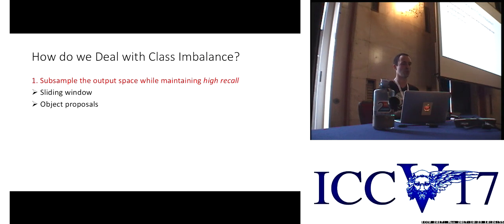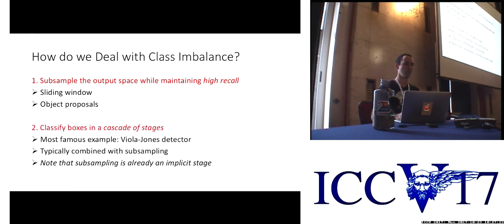And then the other approach, which has become more common and more popular over the last few years, is the idea of using object proposals, which you can think of as a data-driven version of sliding window. So rather than having a regular sampling, like the sliding window approach, the object proposal approach says, let's look at the actual image data and then decide where to look based on the image content.